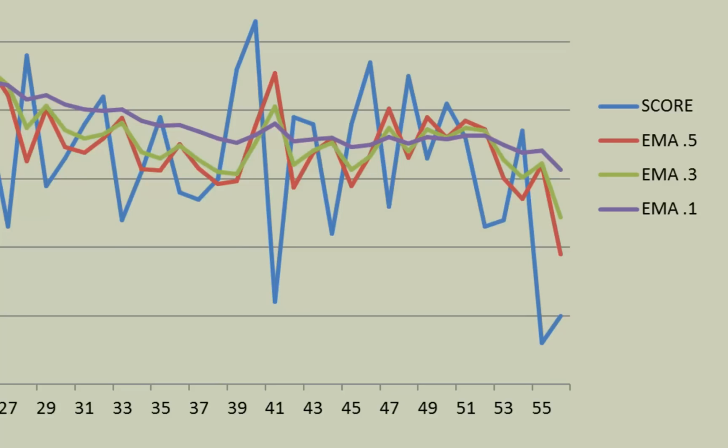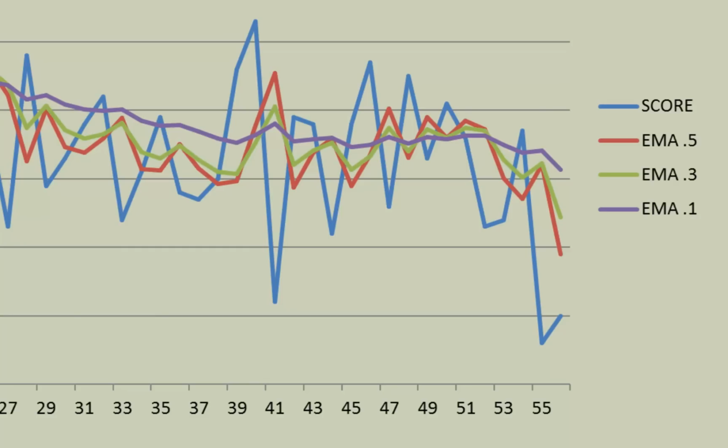Now the EMA of 0.1, look at that purple line. It's almost a straight line right through that data. Now why is that? If you remember, the EMA of 0.1 really lessens the emphasis on the most recent game and spreads out the emphasis way into the past. So any individual game, as it comes up, does not impact the EMA of 0.1 hardly at all.